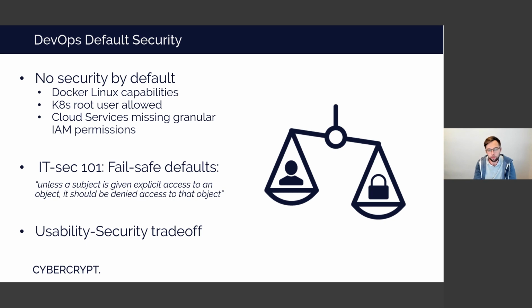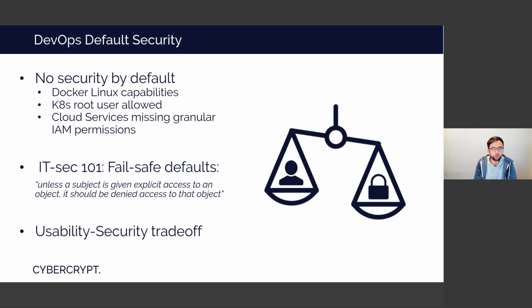But if you look at the security features in Docker, for instance, when you start up a Docker container, it starts up with a lot of default Linux capabilities. One of these is the CAP_NET_RAW capability, which allows you to sniff network traffic in your containers. Now, 99% of all of your applications probably don't need this capability, but it's just there by default in case your app needs it.